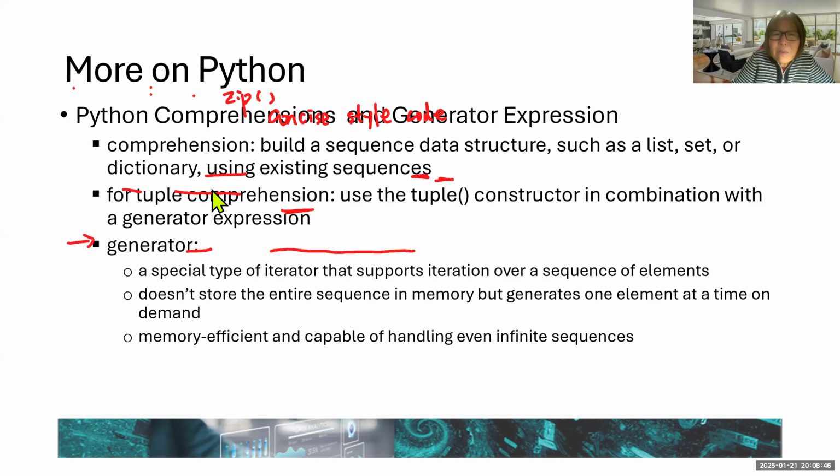The idea is that those data structures store all items in memory. Think about it, especially with data analytics, the data set is huge. If you load all of the data into memory at one time, that may not be practical, as your memory may not have the capacity.